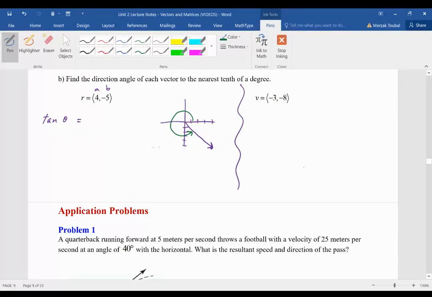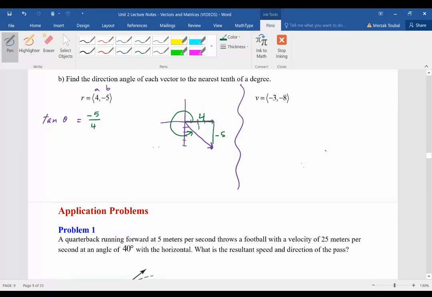So we know that tangent theta equals the opposite, which is here -5. This is -5. And the adjacent is 4. 4 units, -5 units. So tangent of theta is -5 over 4.